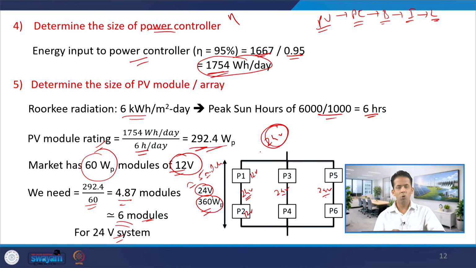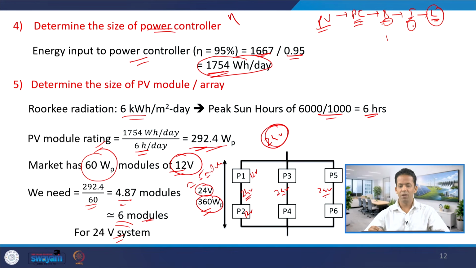So this completes the design of the standalone solar PV system. How did we start? We started from the load, the total energy requirement. Then, assuming all the equipment is on, we determined the size of the inverter. Based on the efficiency of the inverter, we determined the battery energy input, and then in the battery we had a configuration based on depth of discharge, autonomy and the required system voltage.